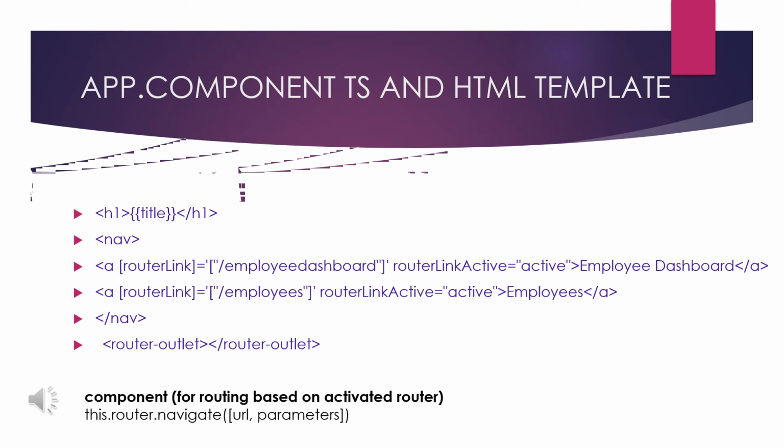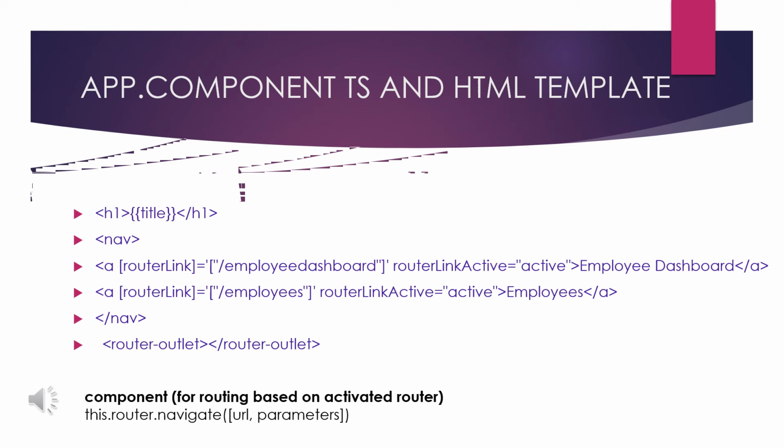For example, we have this h1 tag and a navigation tag, so two menus will be there. Once I click the employee dashboard, the employee dashboard component will be loaded beside these menus. If I click employees, that component will be loaded below the employees tag.